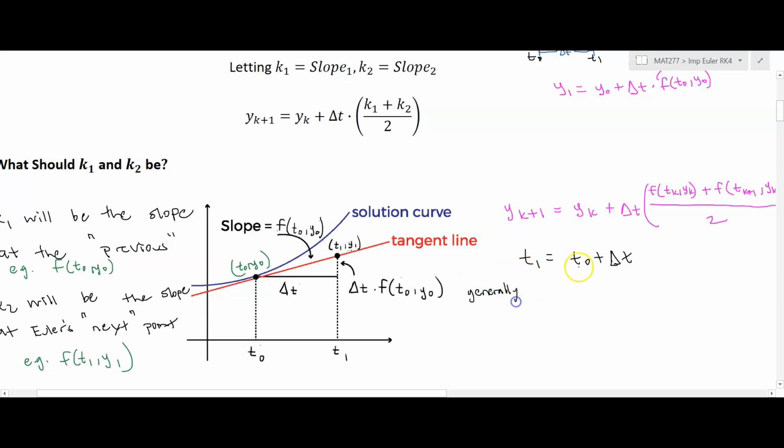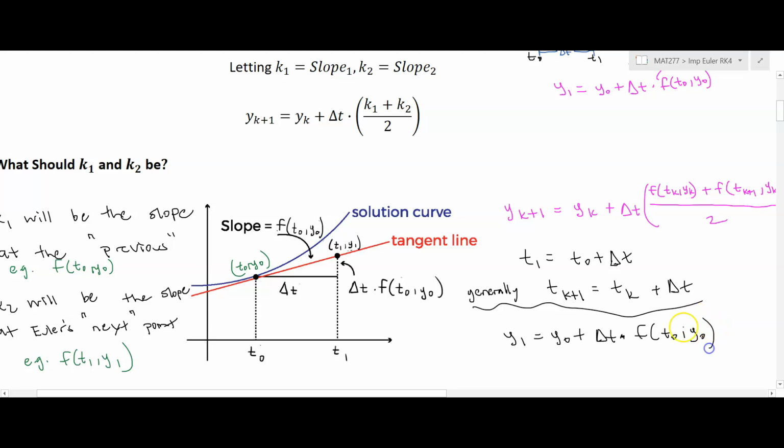And more generally, we could write this as t sub k plus 1 equals t sub k plus delta t. Now for the y component, we know that to get y1, we have to take y0, and that's just this formula up here, plus our step size multiplied by how much change we expect per 1 unit change.